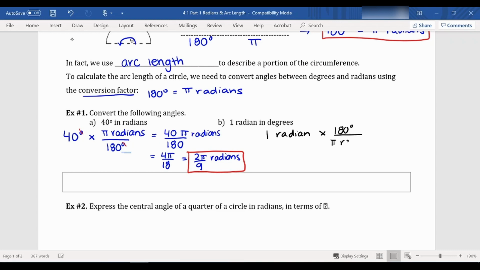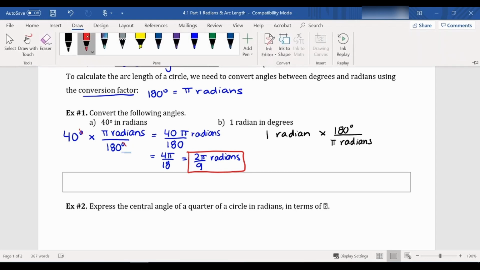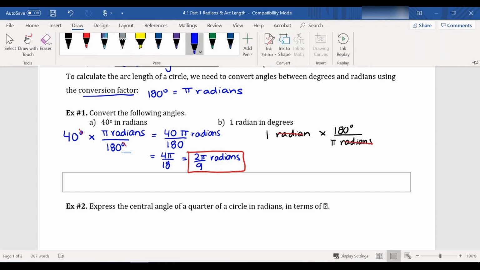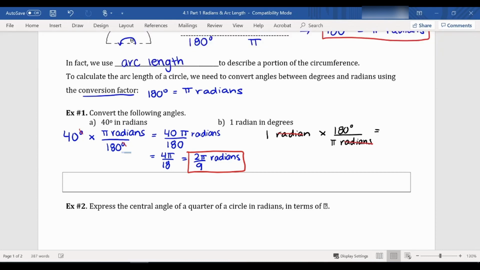And I would put my pi radians on the bottom because the units I already have are radians. So the units I want go on the top, the units I have go on the bottom. Now this means that my radian units will cancel out, and I end up with 180 over pi degrees.